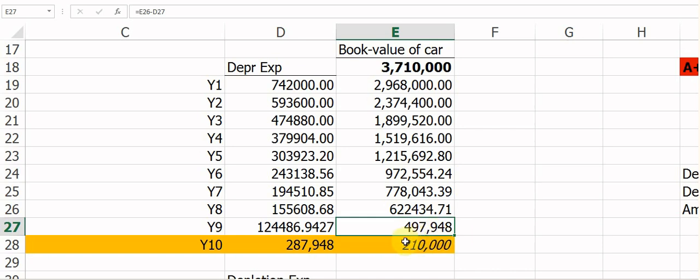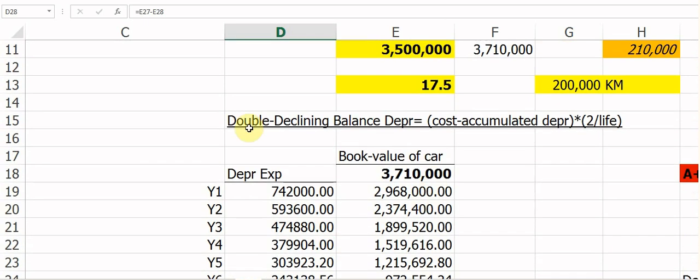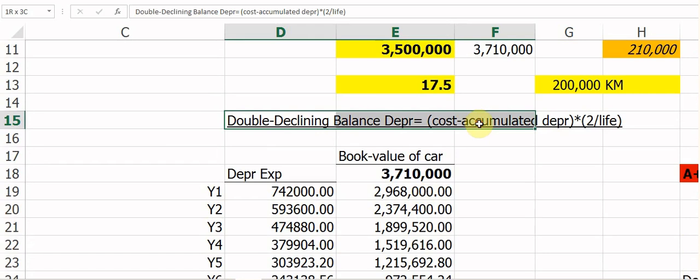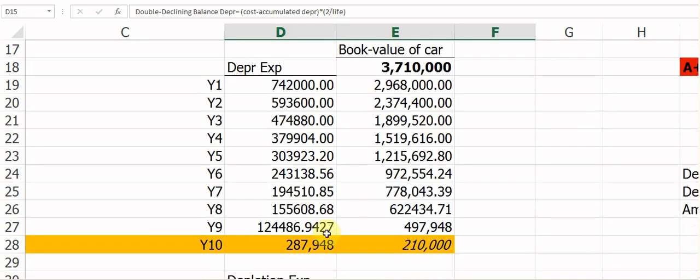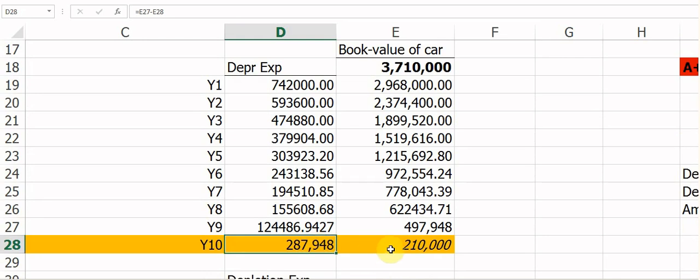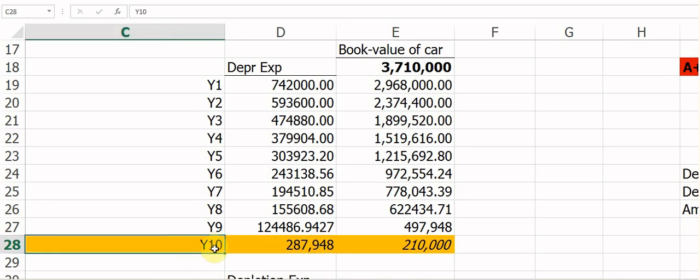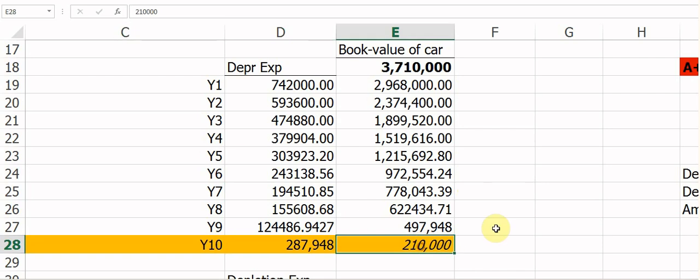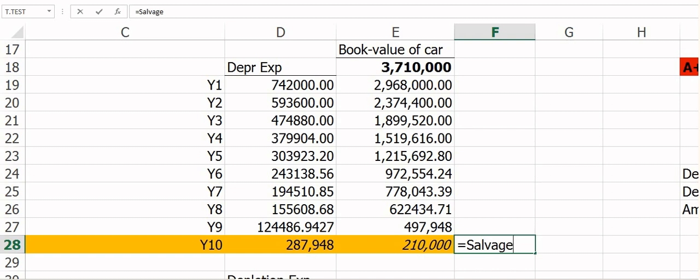Now, the trick is, in the last year, I no longer use my double declining depreciation formula. I abandoned that formula, and I'm going to use a plug-in value. I'm going to make this number up so that the final year of this machine, my book value will be my salvage value. It's going to equal my salvage or my residual value.